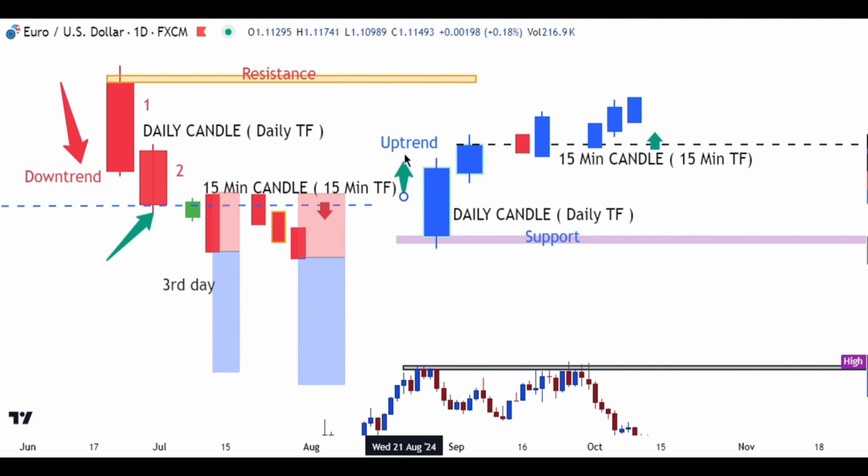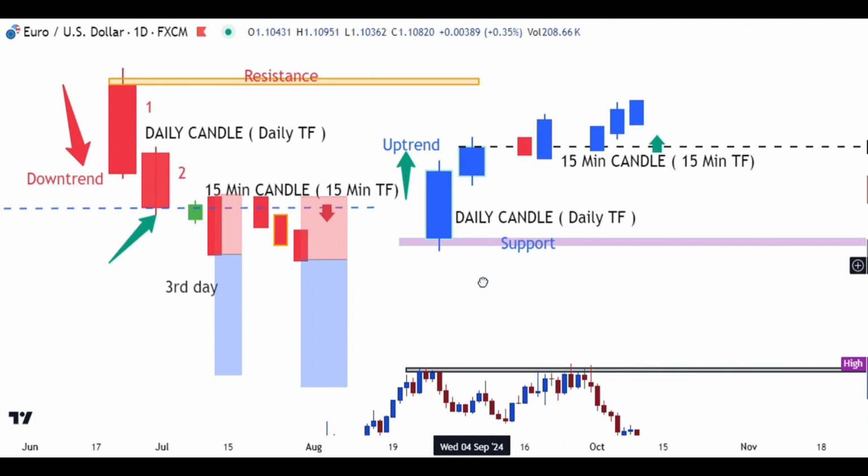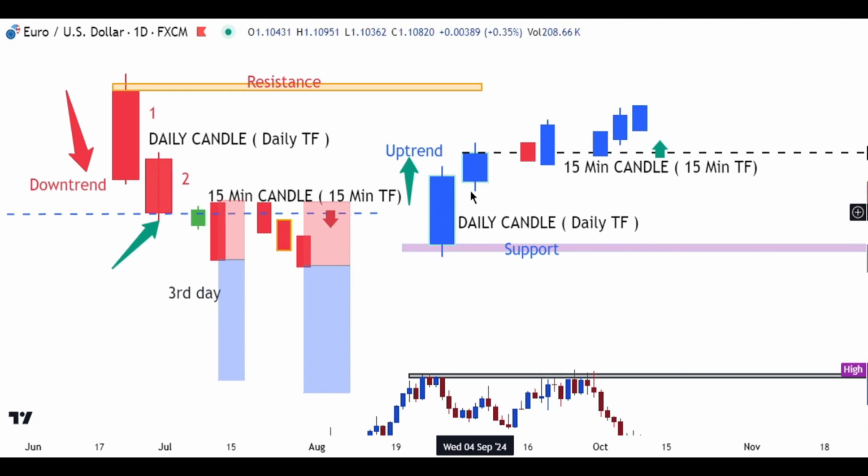And the second example would be in an uptrend. So when you have an uptrending market, or either from an area of support like this, if let's say it's an area of support and you see a reaction like this, you have a bullish momentum, you have a candle like this the first day. So this would also be the first day, and that would be also the second day candle.